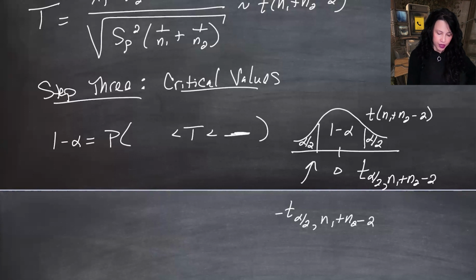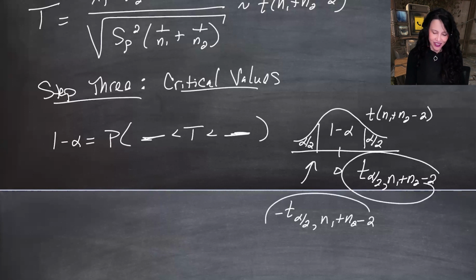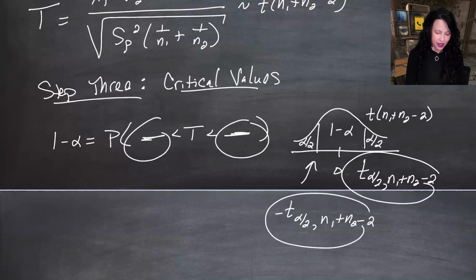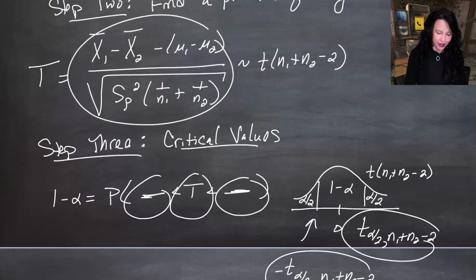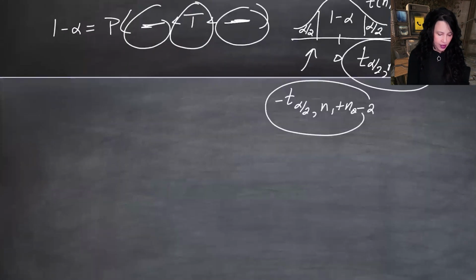But those are the two things that go here and here. So write these critical values in here. Put this in the middle. And then solve down the system of inequalities to isolate mu1 minus mu2 in the middle. And we get the answer.